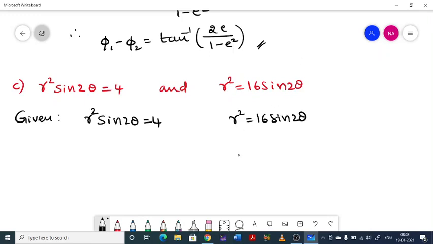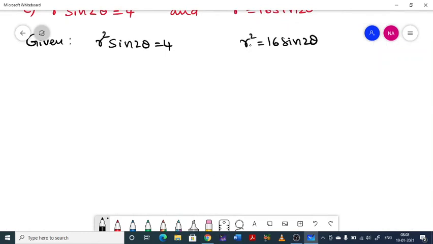Now as usual, taking log on both sides, applying the properties of logarithms, log r square plus log sin 2 theta.